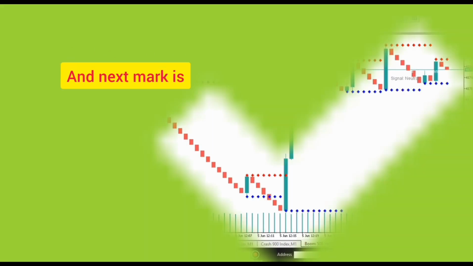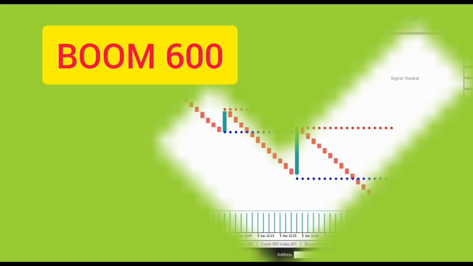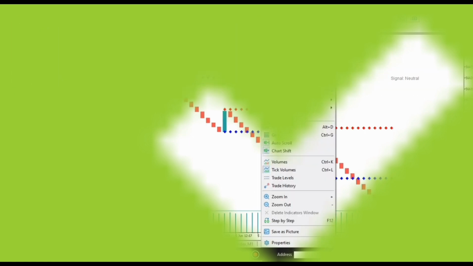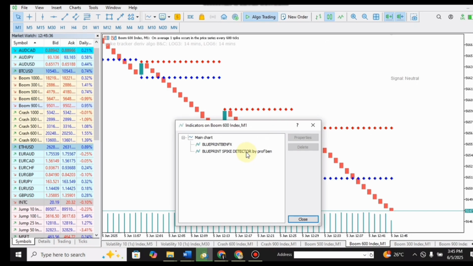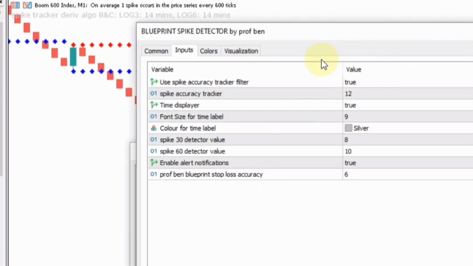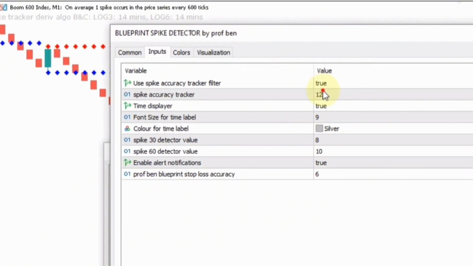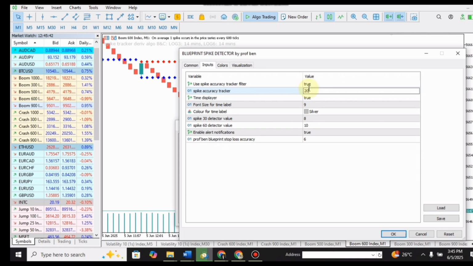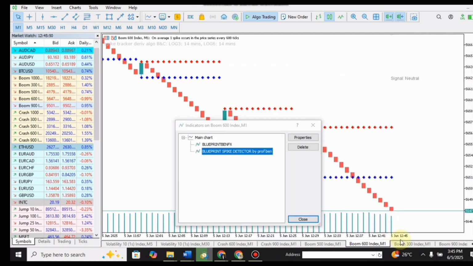And the next market is Boom 600. The correct settings for Boom 600 is you set the spike accuracy to true. You have already said that. And then on the spike value, you set it to 20. Everything else remains the same. Stop loss at 6, maximum stop loss 17. And that's it.